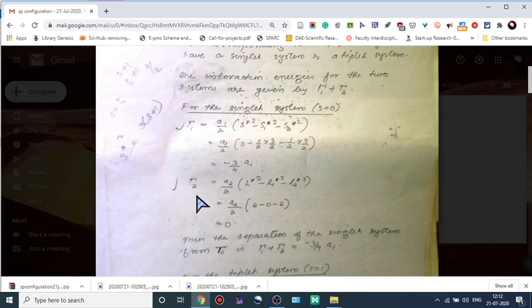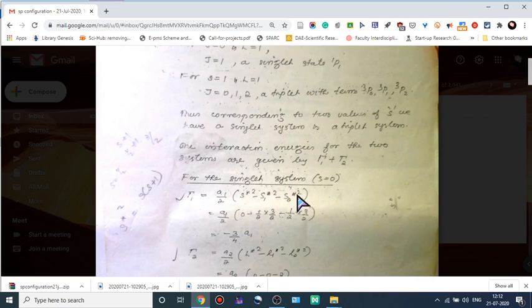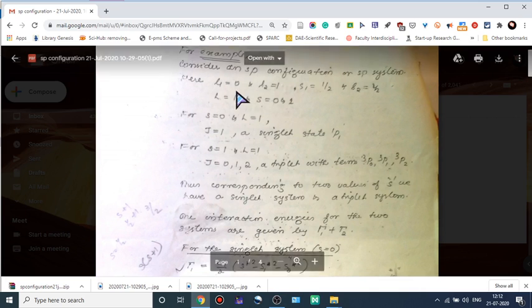Similarly, we need to find gamma 2, that is A2 by 2 times L star square minus L1 star square minus L2 star square. We know L1 star square equals L1 into L1 plus 1 and L2 star square equals L2 into L2 plus 1, and here L1 and L2 are 0 and 1.